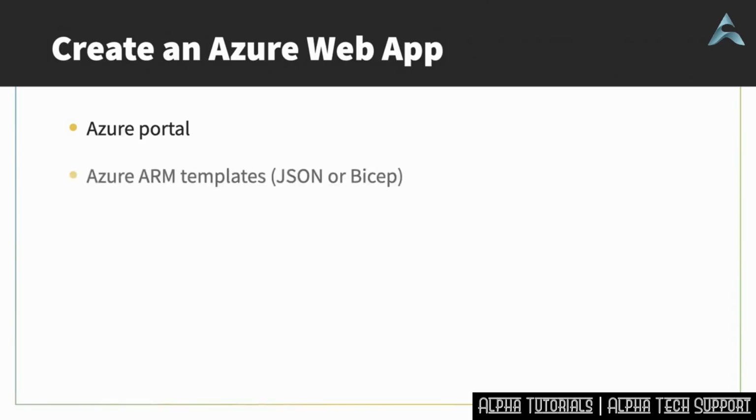We can do this using ARM templates, using JSON or Bicep. I can also do this using Azure PowerShell or even Azure Bash, so Azure CLI. So all of those are ways to create this. And we have several demos now where we're just going through all the possibilities of creating an Azure web app.